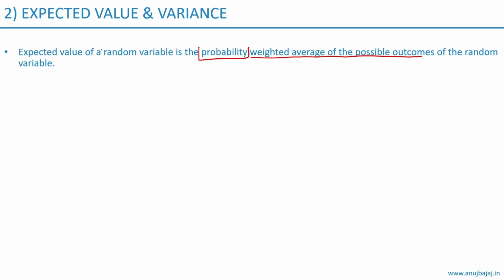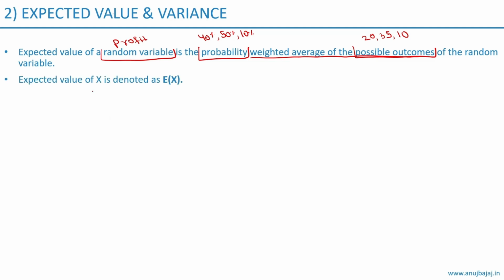So in our case, the random variable was profit. So the expected value of profit is the weighted average of possible outcomes. Various possible profits were $20 million, 35 and 10. And the probabilities were 40%, 50% and 10%.